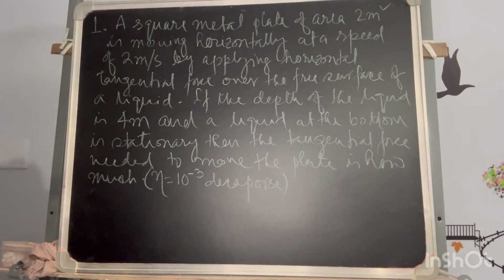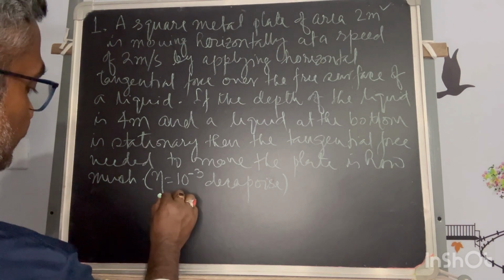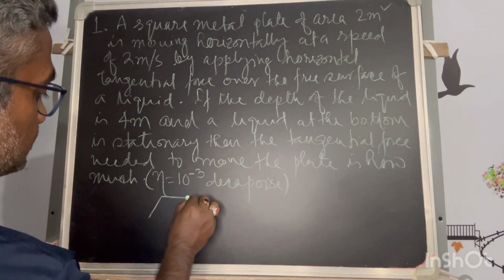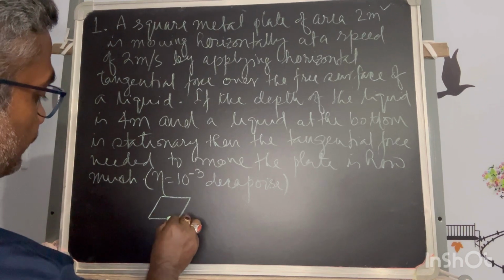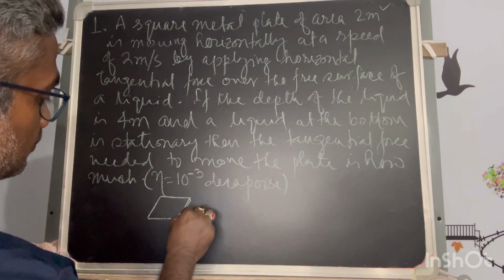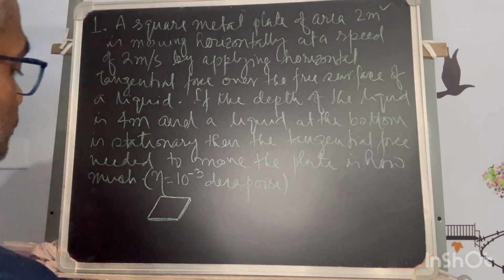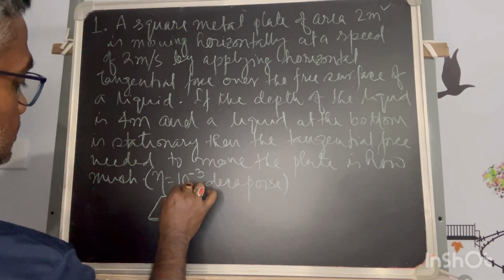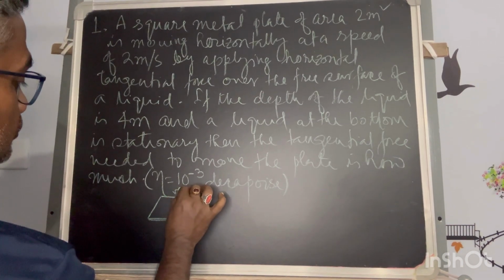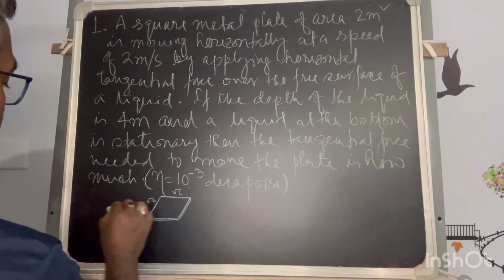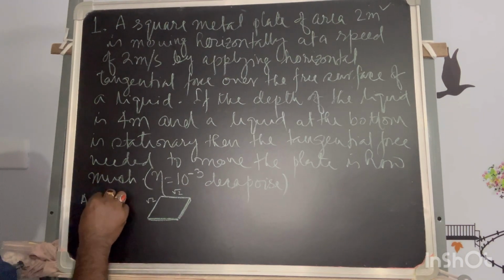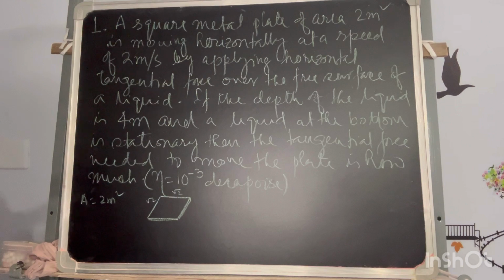So let me read it out again. A square plate of area 2 meters square, so that means this side is root 2, this side is root 2, and the area is 2 meters square, is moving horizontally at a speed of 2 meters per second.